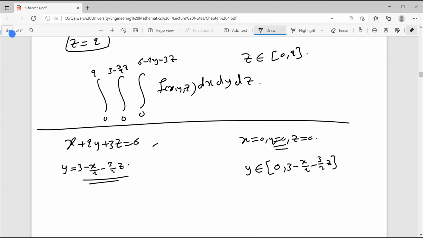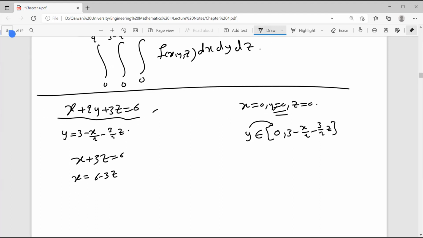That means from 0 to that function, which is 3 minus x over 2 minus 3 over 2 z. And here in this function, y could be 0. We replace y by 0. What do we get? x plus 3z equals 6. And here we can find either x or z. Let's find x. x equals 6 minus 3z.